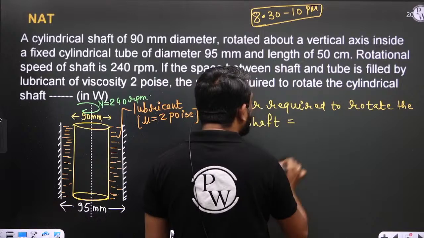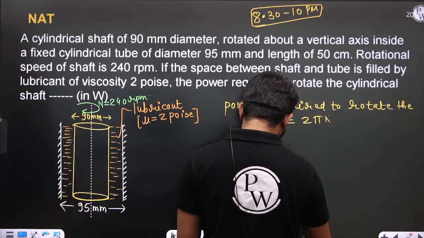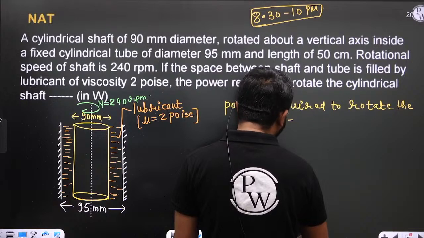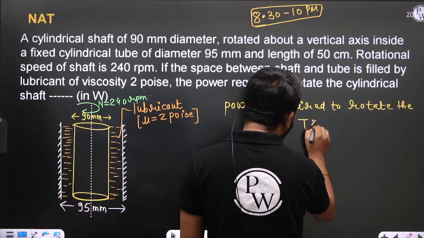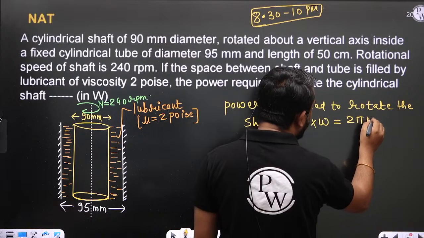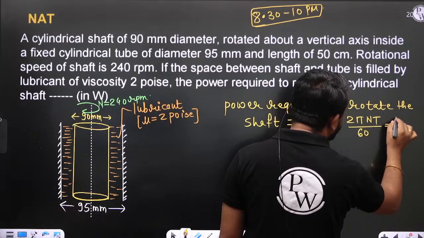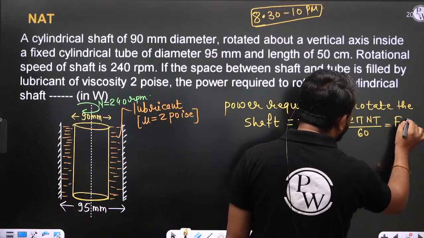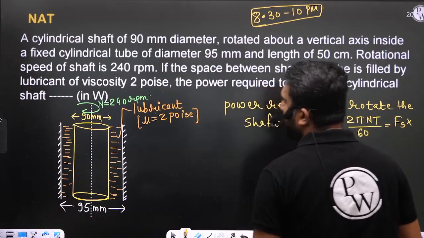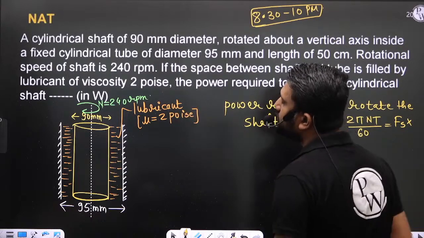So you can calculate the power required to rotate the shaft by using this concept: T multiplied by omega, or 2 pi nT by 60, or simply shear force multiplied by the velocity of the shaft.